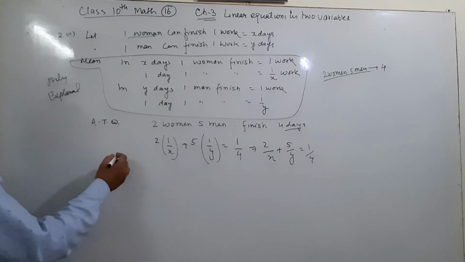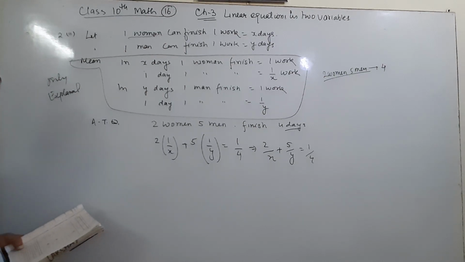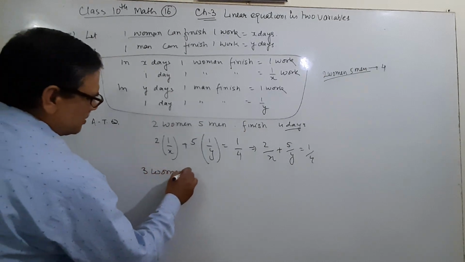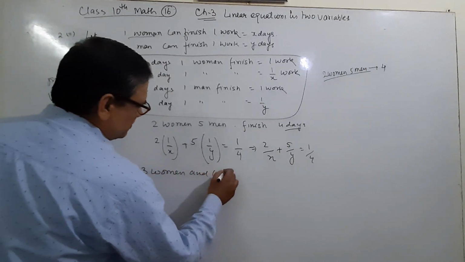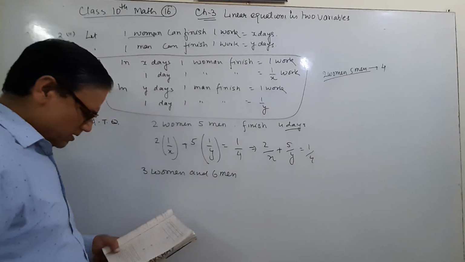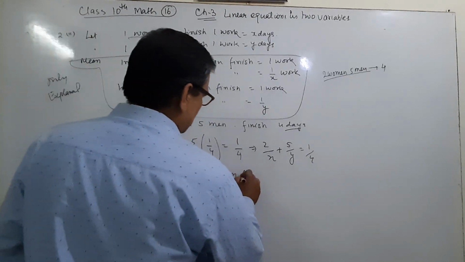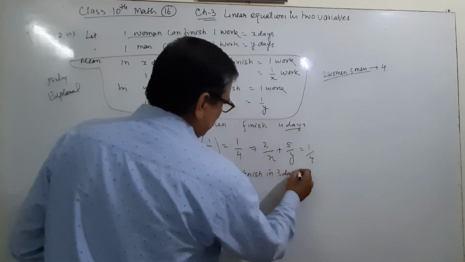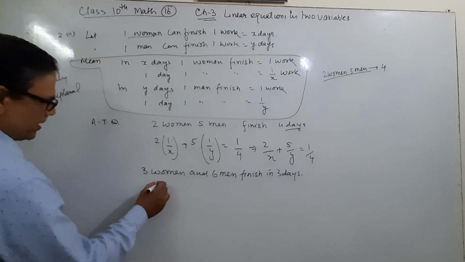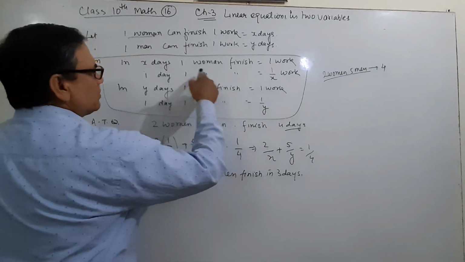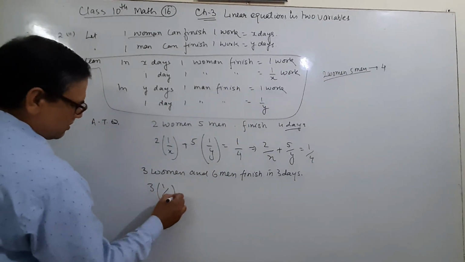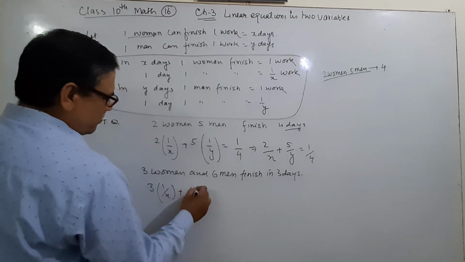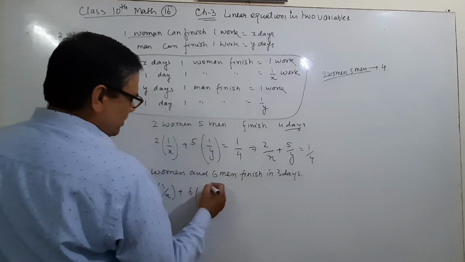And now the second case. 3 women and 6 men finish in how many days? 3 days. Then what is the equation? 3 women, 1 woman 1 by x, plus 6 men, 6 into 1 man, 1 by y.